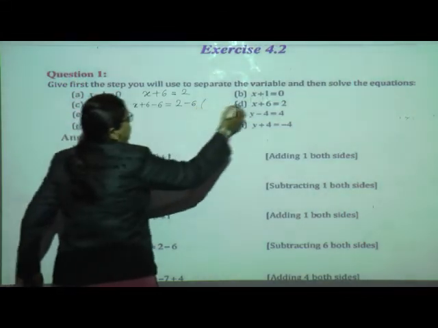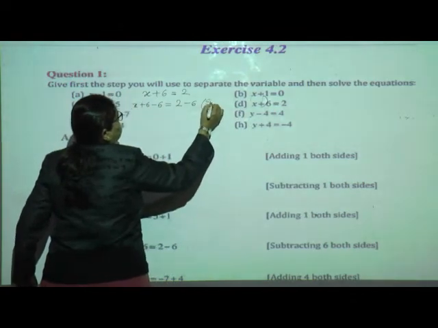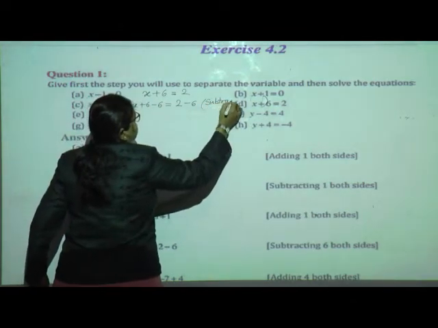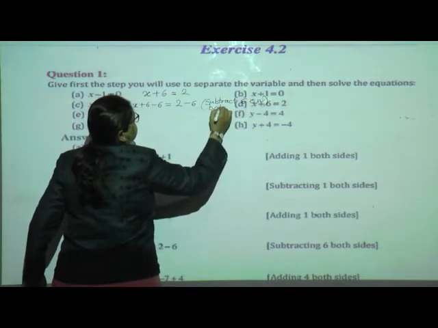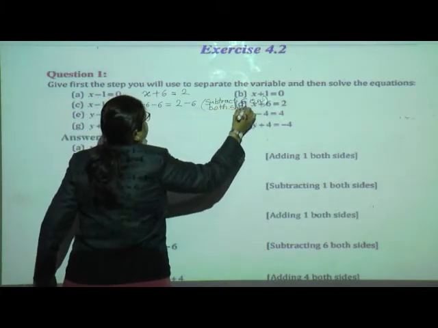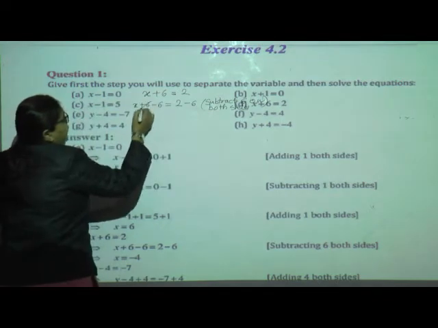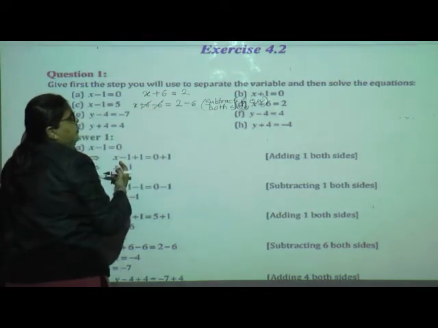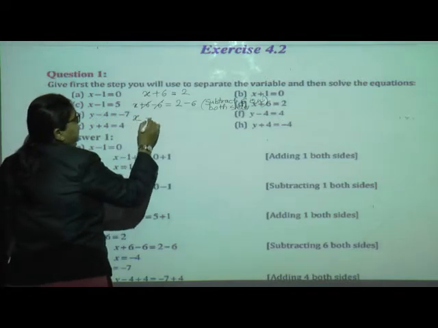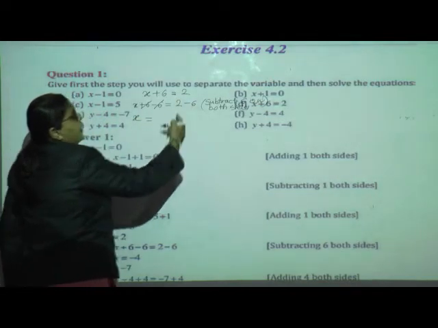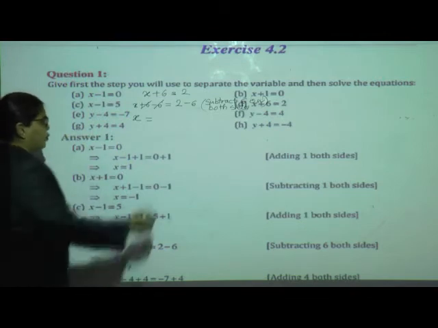Subtract 6 on both sides. So plus 6 and minus 6 get cancelled, and we will have x is equal to 2 minus 6, which is 4.